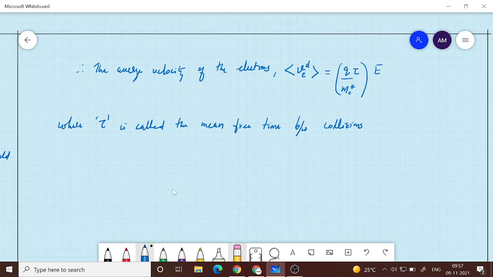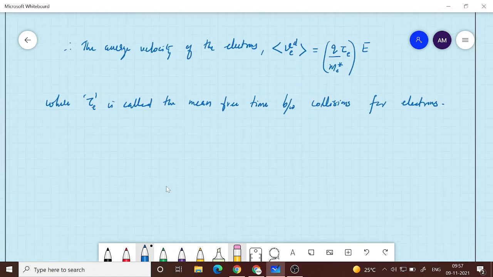So if it is electron, we can put again a subscript here, tau e. So tau e is the mean free time between collisions for electrons. Now tau also depends upon various parameters relating to the crystal, like the density of electrons, etc. So right now we just got an expression for the average velocity, and that expression is proportional to the electric field.